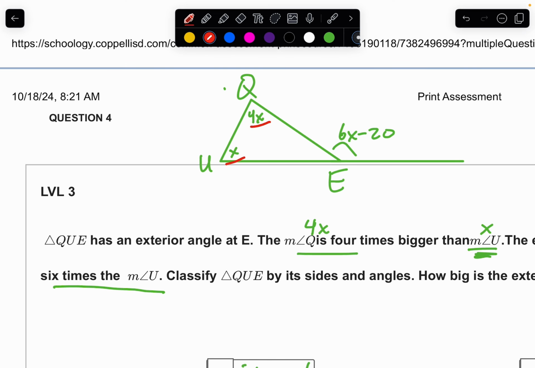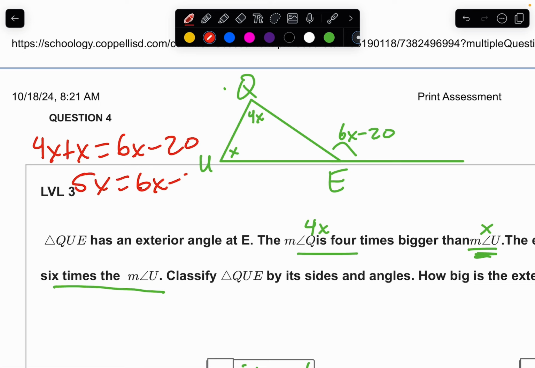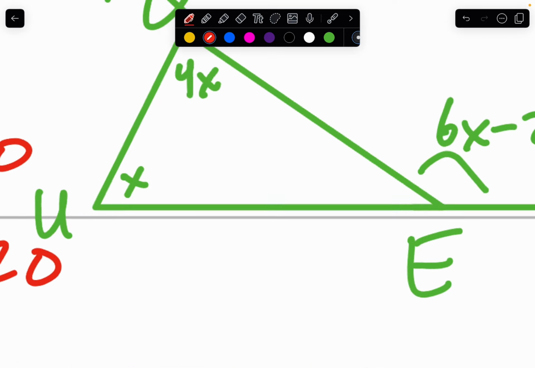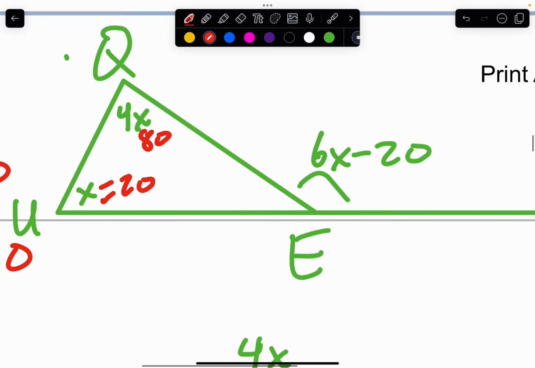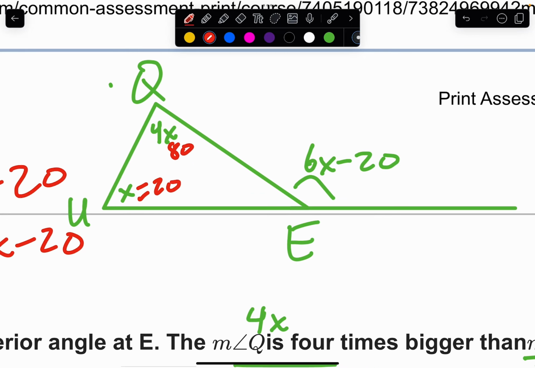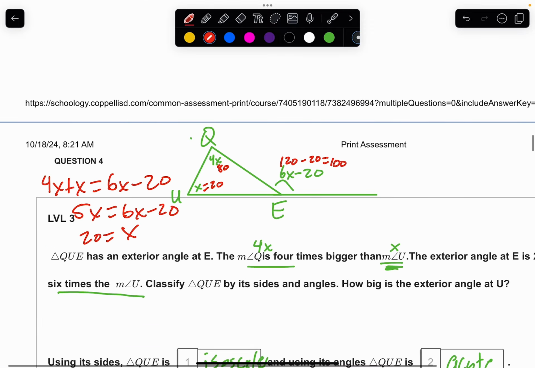R plus R equals E. That's a property you need to keep in mind. 4x plus x equals 6x minus 20. So 5x equals 6x minus 20. So x equals positive 20. So this angle would be 20. This angle would be 80. And then 6 times 20, that'd be 120 minus 20. This angle would be 100.